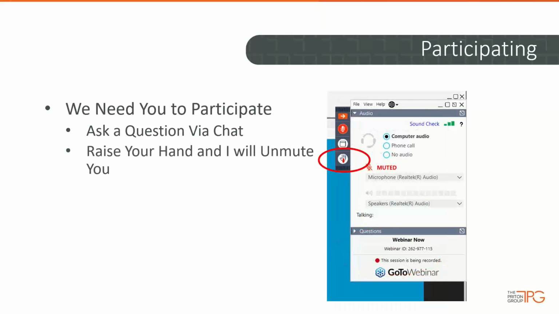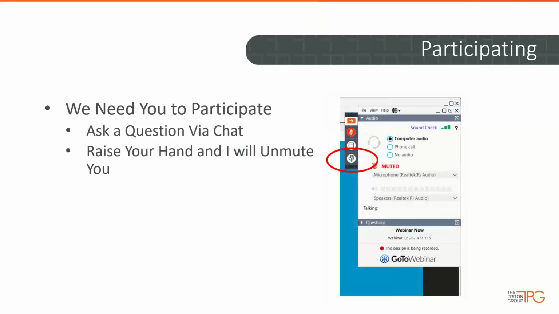You also have the option to ask a question by holding up your hand, and you'll notice on that GoToWebinar interface there is a hand with a red down arrow. If you click on that, it will change to a green arrow pointing up, and that will let me know that you have a question you'd like to ask. And when we get to that point, I will unmute you, introduce you, and ask you to ask your question.